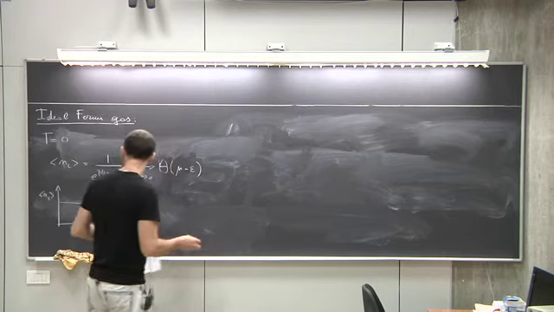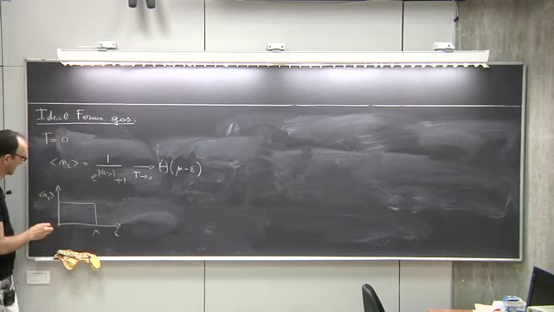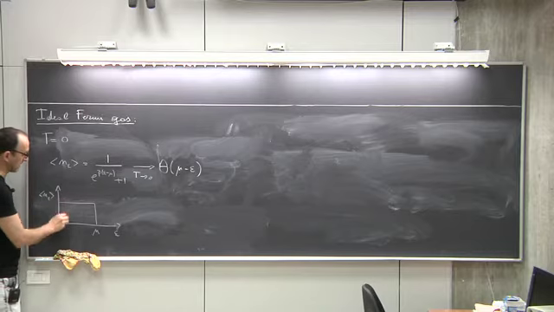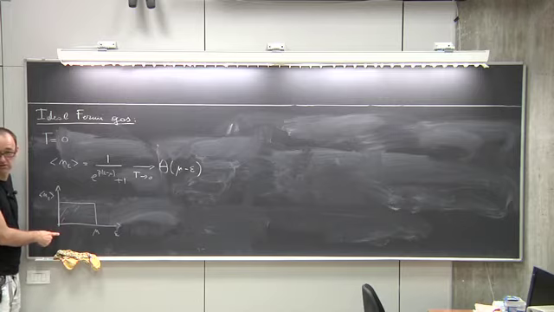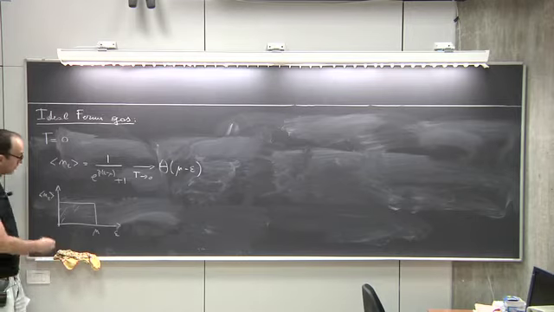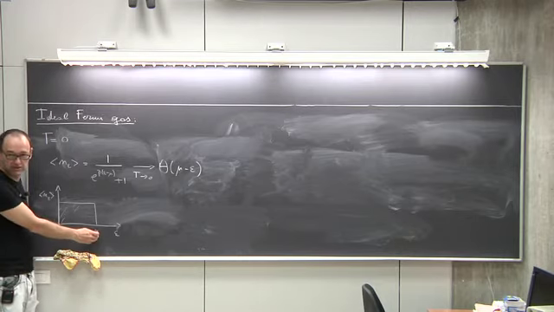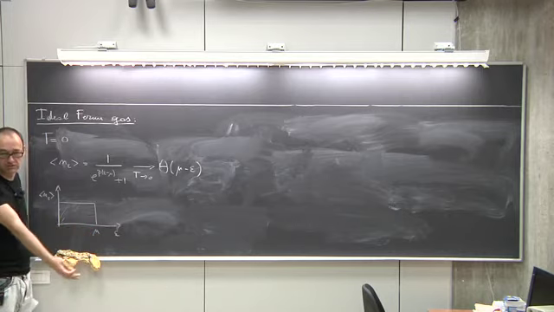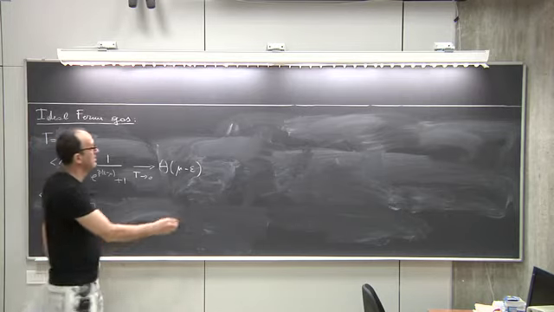To do this, essentially I have to ensure that the number of particles which are in all the states with energy less than mu is exactly equal to n. I have to count all the states with energy less than mu and impose that this is equal to n.